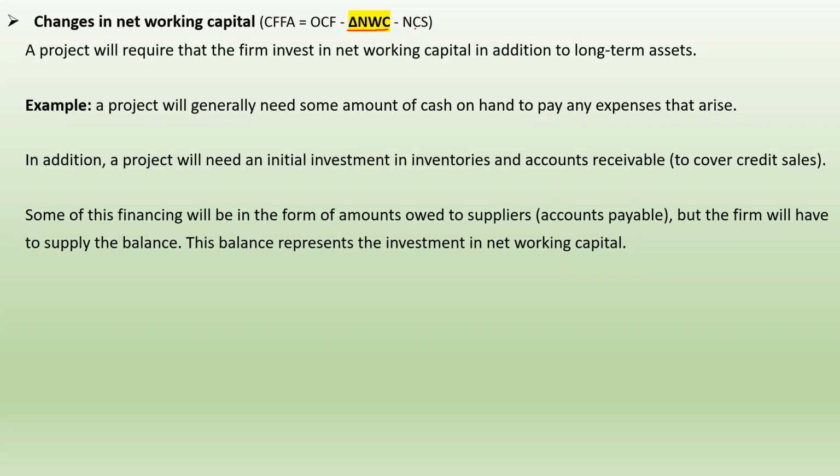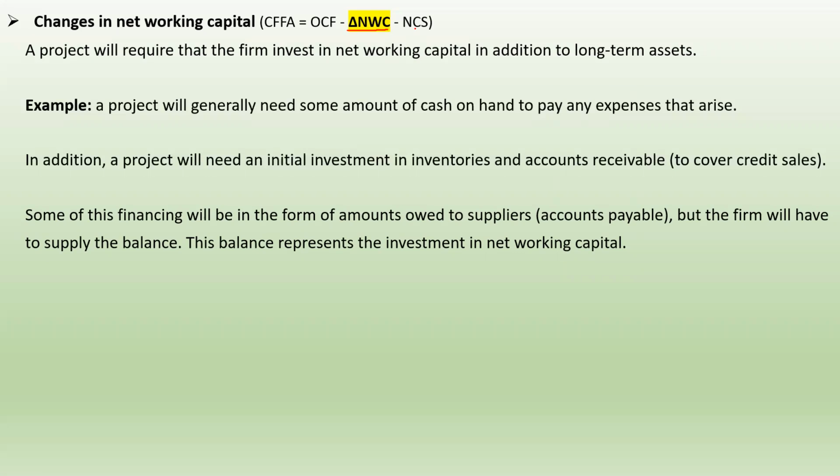Some of this financing will be in the form of amounts owed to suppliers. If you buy raw materials, sometimes you will pay your suppliers later. So you have cost of goods sold, but you do not have an actual cash outflow.